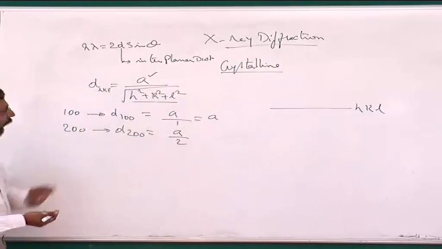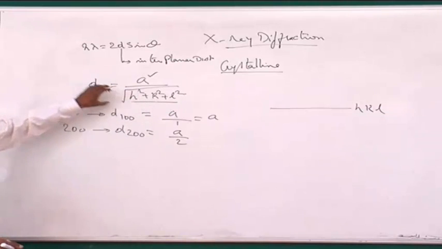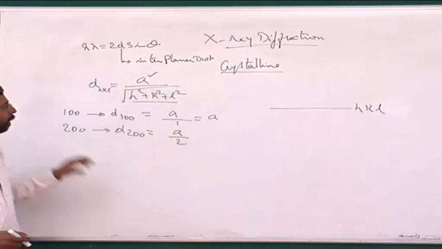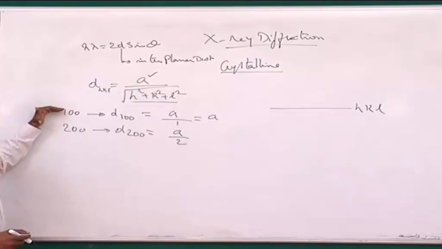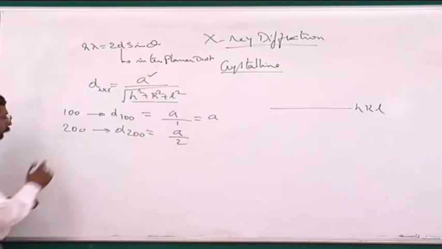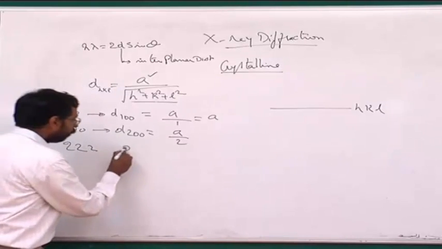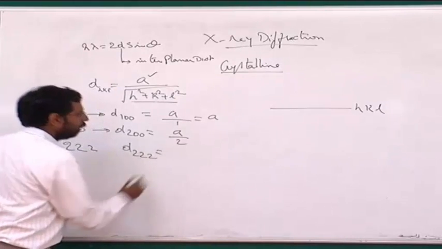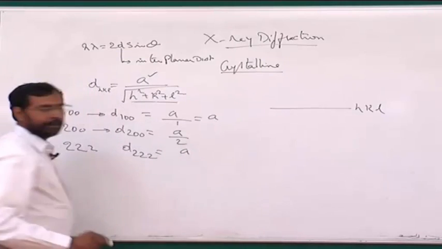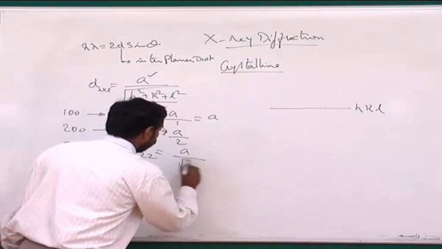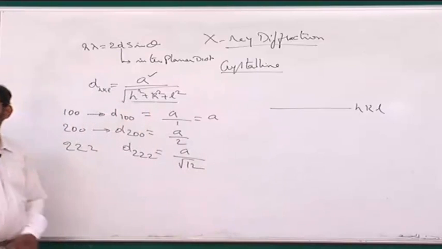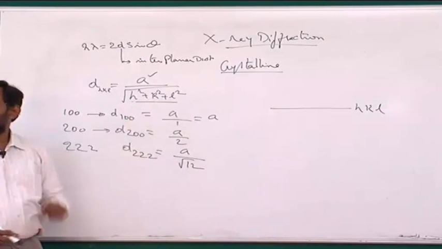So you can see that as the indices are increasing, that means I go from low index planes to high index planes, for example 222, d of 222 is a by square root 12, that is 4 plus 4 plus 4, right?